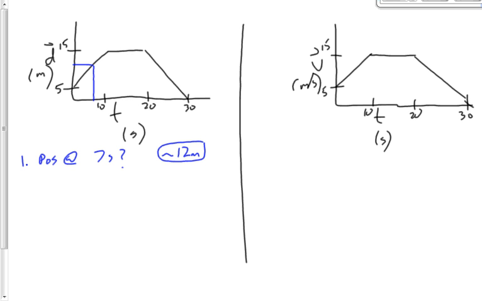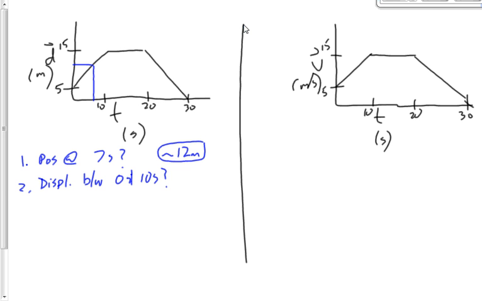Let's find the displacement between 0 and 10 seconds. How do we define displacement? Forget about finding it on the graph right now. What's the definition of displacement? You got a position.